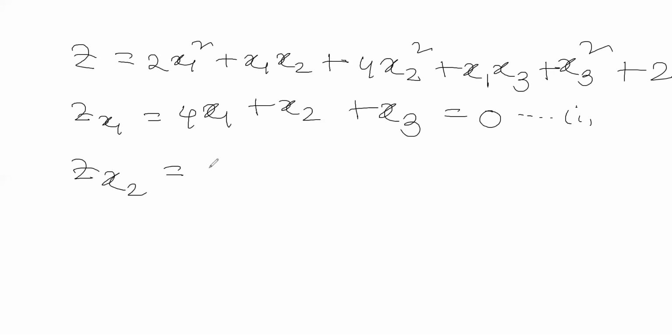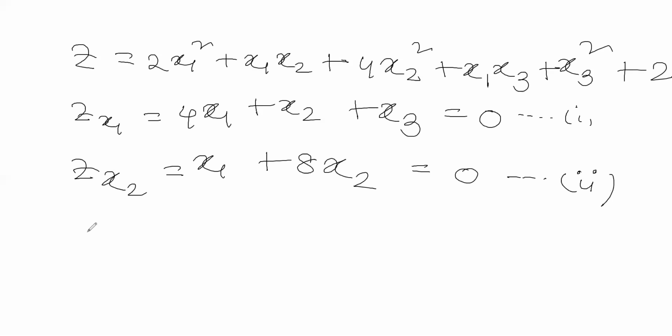So here now I'm differentiating the given equation z with respect to x2, where I get x1 plus 8x2, set it equal to 0. This is my equation number 2.